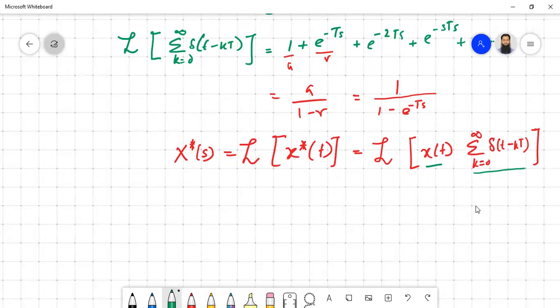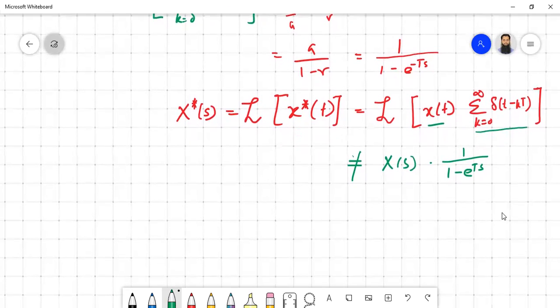So we cannot say that it is equivalent to X(s) times 1 by 1 minus e to the power minus ts. That is not true according to the Laplace transformation theorem because they're multiplied in the time domain. So we have to use the convolution integral to figure out the result of this multiplication of the two time domain signals.